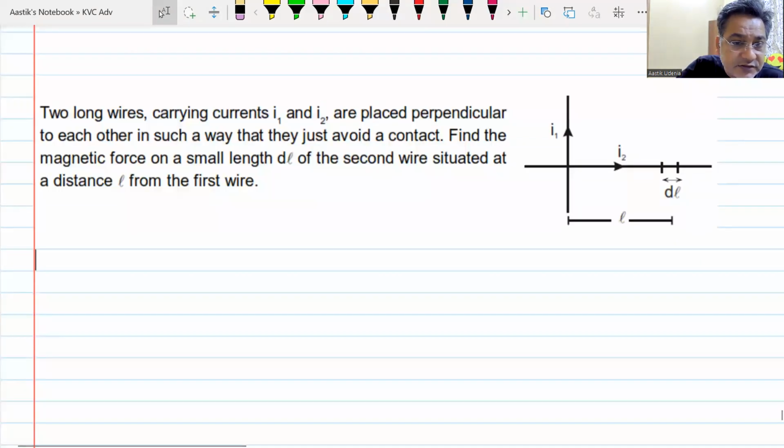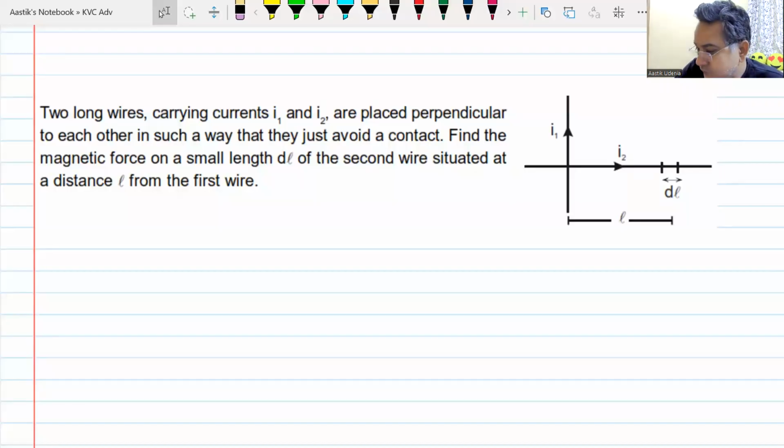Then this is the next question. Two long wires carrying current I1 and I2 are placed perpendicular to each other in such a way that they avoid contact. Find the magnetic force on a small element dl of the second wire situated at a distance of L from the first wire.